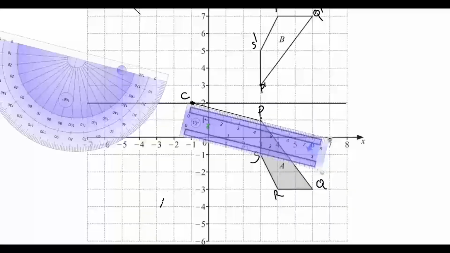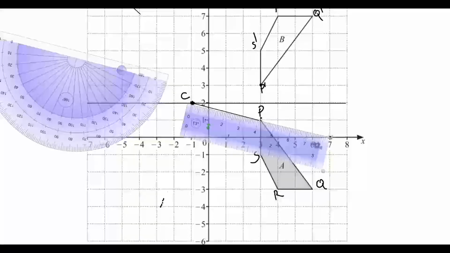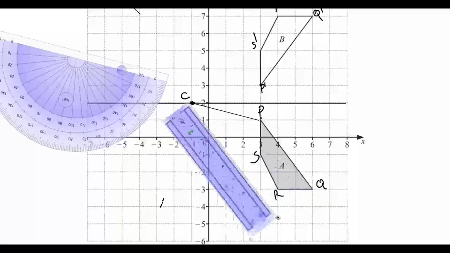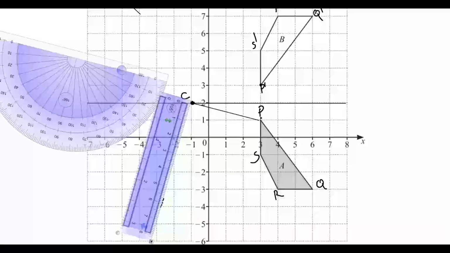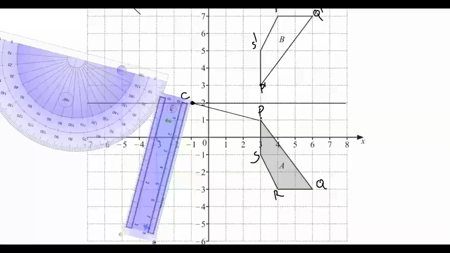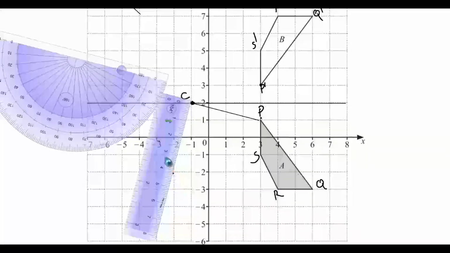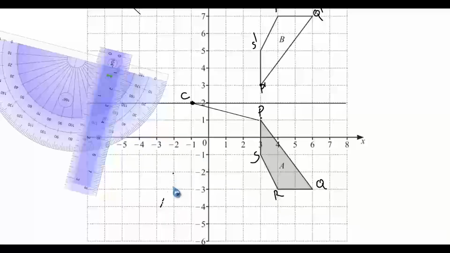So this is about 4.1. Then we'll take it and set it with this angle and measure 4.1. So this is about this point here. So that will be the image. So I can say this will be P prime prime. P prime prime will be here, this point.